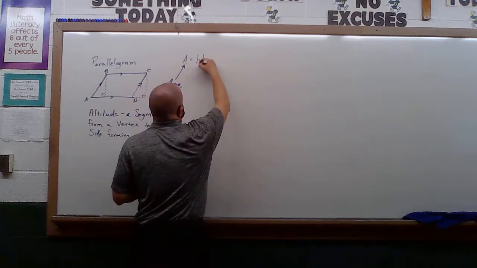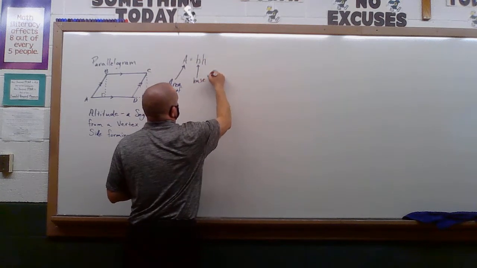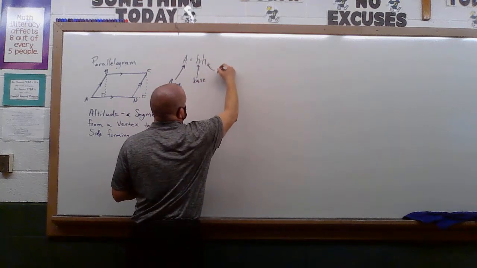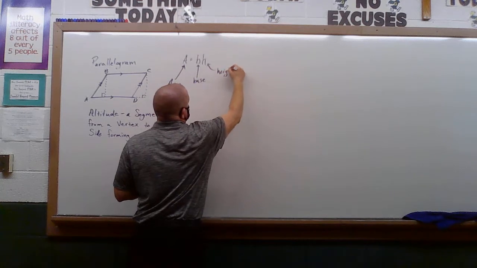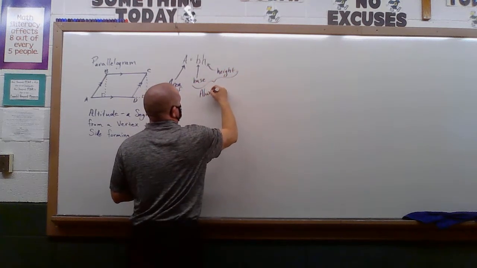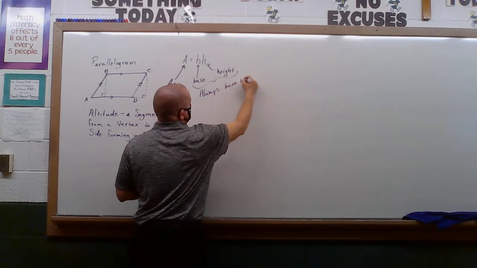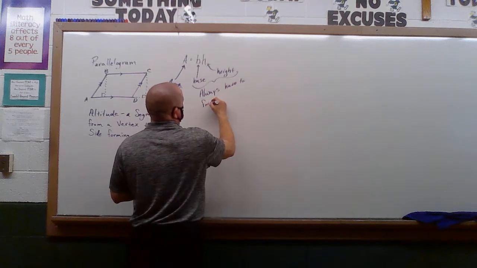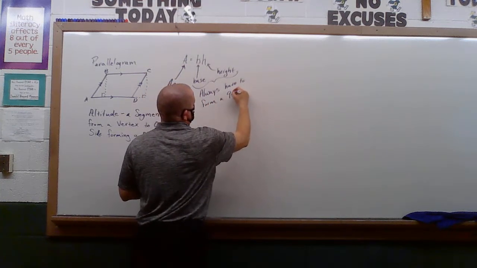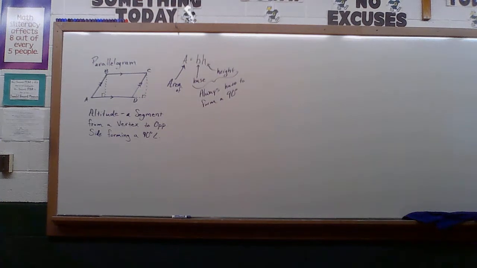My lowercase letters are, this is my base. This is my height. These two together always have to form a 90-degree angle. That's how you know the two sides that you're going to use for your base and your height, which is called our altitude.